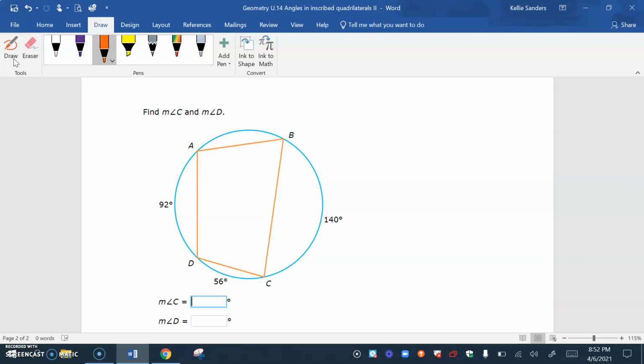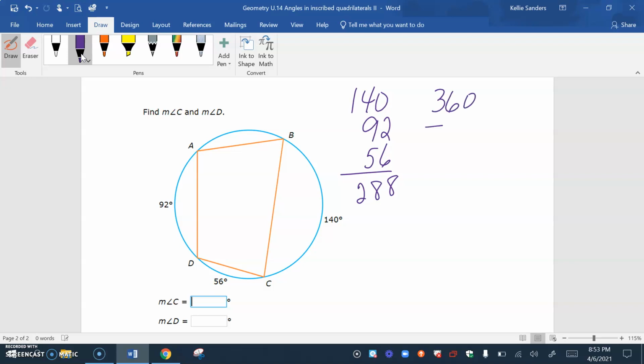Pretty much what we just got finished doing. 140, 92, and 56. 13, 18, 288. Subtract that from 360. And this arc is 72.